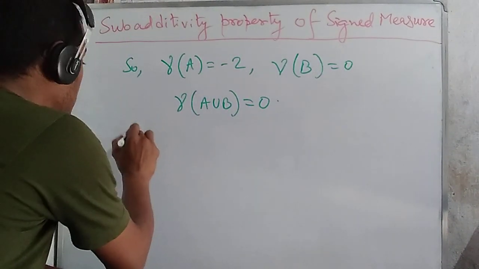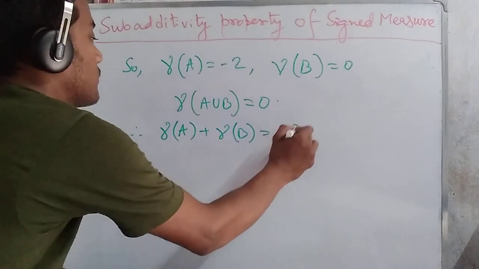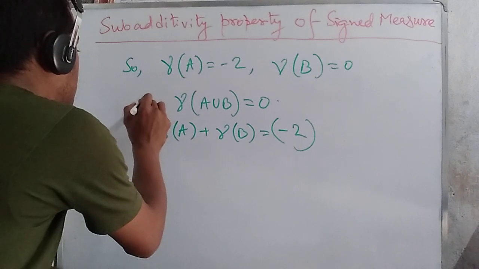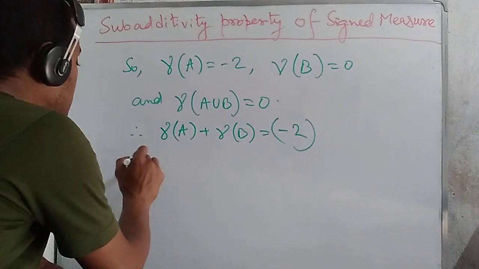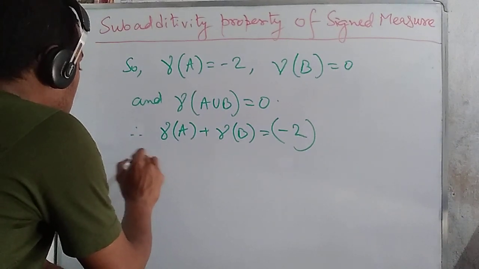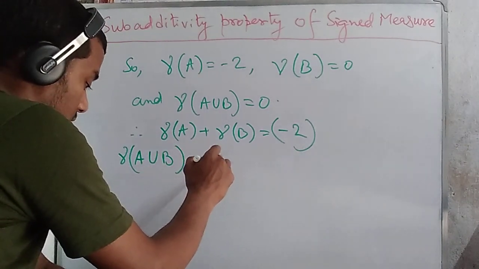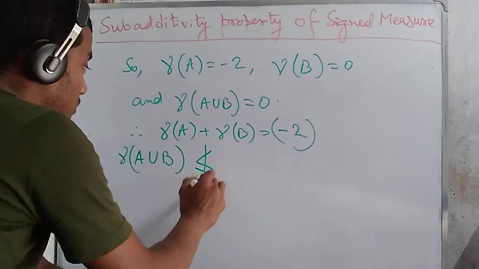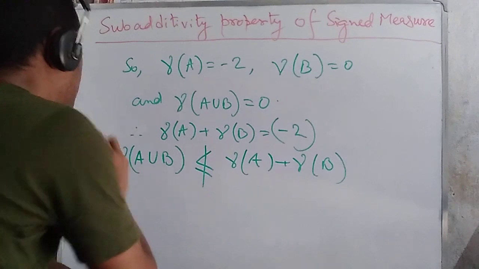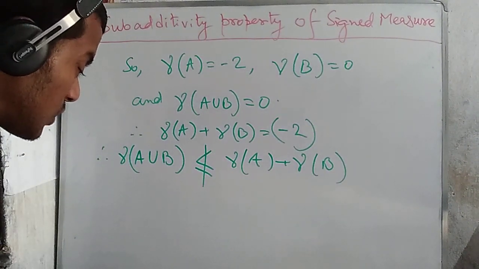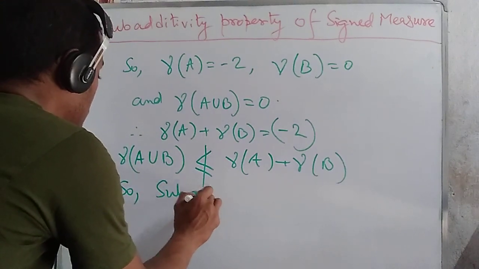So gamma A plus gamma B equal to minus 2, and then obviously gamma of A union B is not less than or equal to gamma A plus gamma B. So the subadditivity property does not hold.